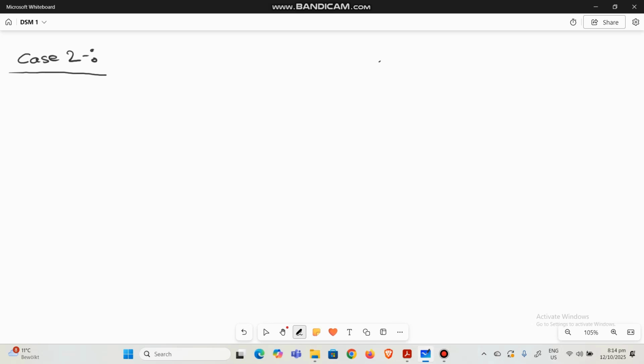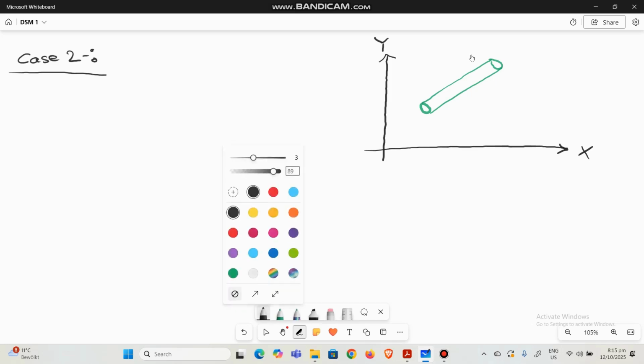Let's say we have this global coordinate system, this is global X, this is global Y axis, and then we have one bar element like this one here. As you can clearly see, there are two nodes.